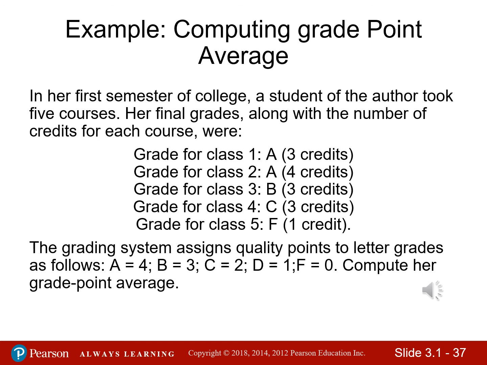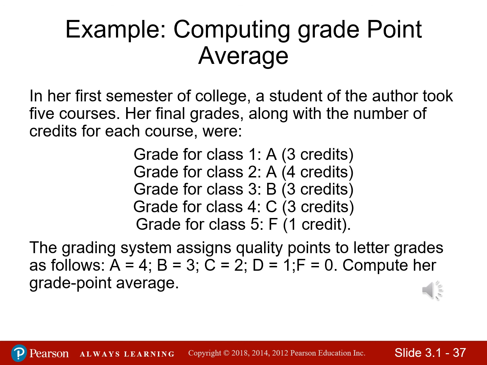Her fourth class is a C, and it is also a 3-credit course. And finally, her fifth class was an F, and it was a 1-credit course. The grading system assigns quality points to each letter grade as follows. An A equals 4, a B equals 3, C equals 2, D equals 1, and finally F equals 0.